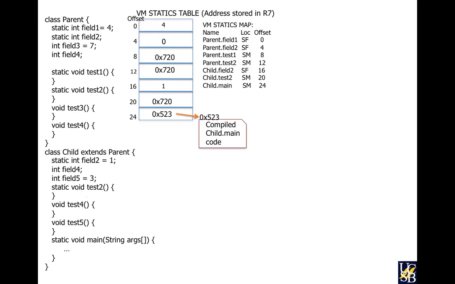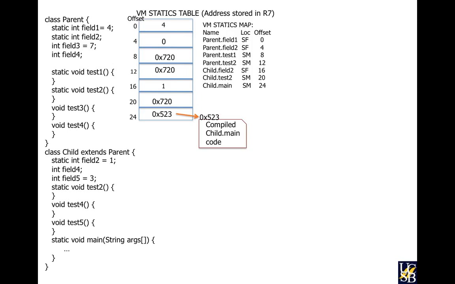Upon being loaded, child hasn't touched parent, but because child extends parent, that means the child will have to inherit all of the parent parts. We have to also load parent, and this will happen all the way through the hierarchy. So if you load a class, it's going to load the entire hierarchy above it so that it can get all of the fields and methods in the lowermost child object.